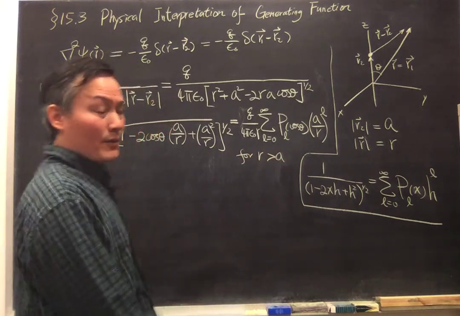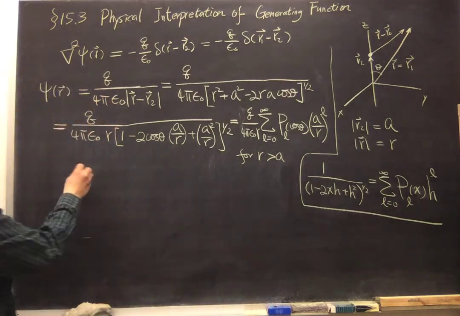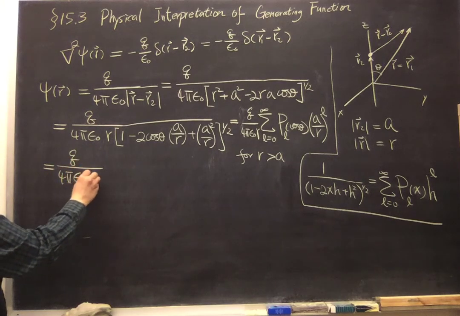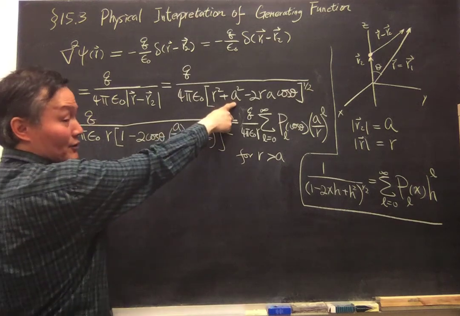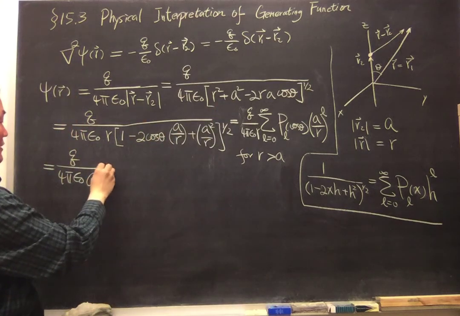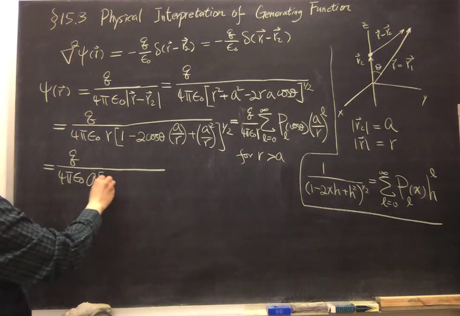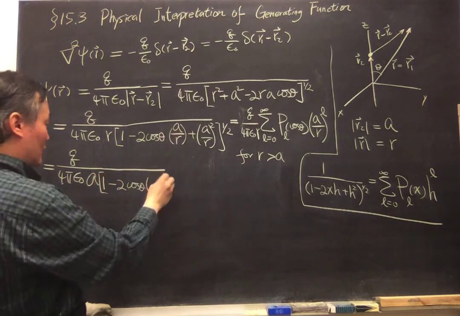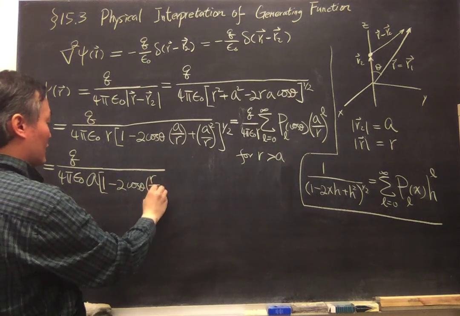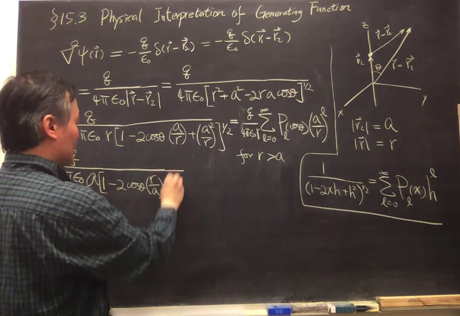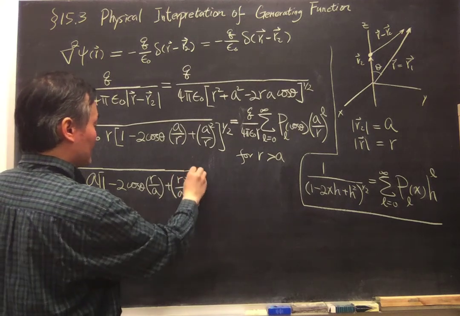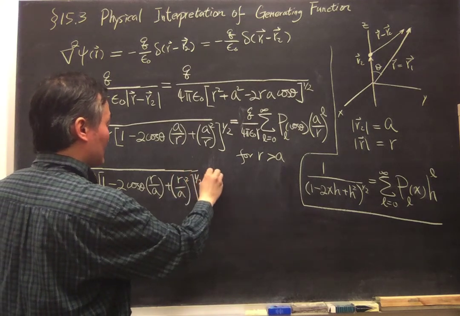For the other case, R less than A, it's the same thing, except that now we are pulling out A squared instead of R squared. So now you have 1 minus 2 cosine theta, instead of A over R, you have R over A, plus R over A squared, to the 1/2 power.